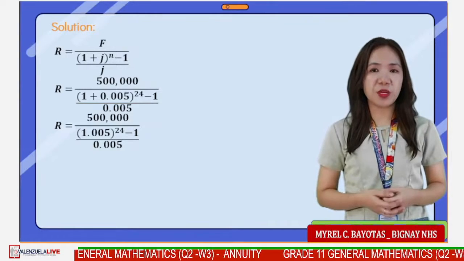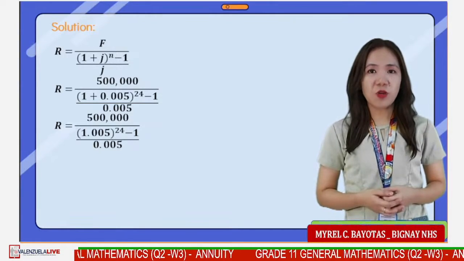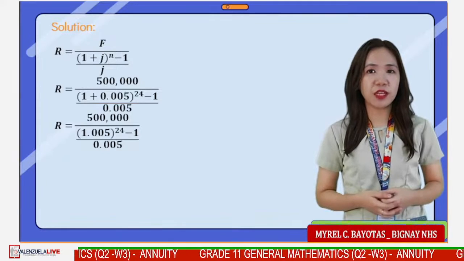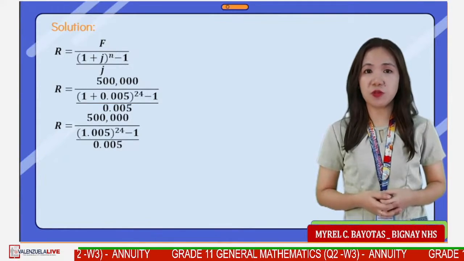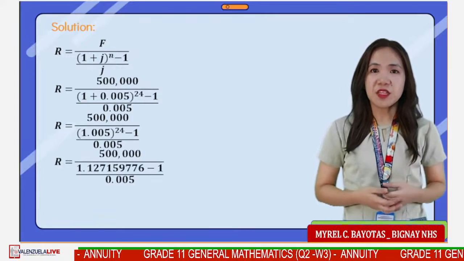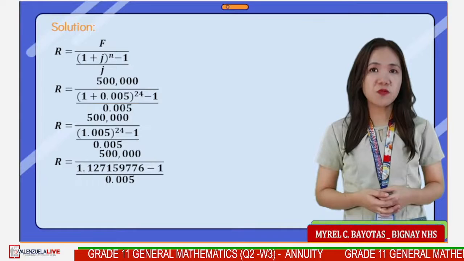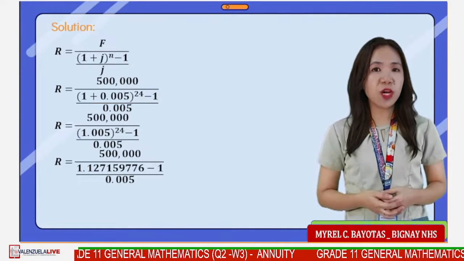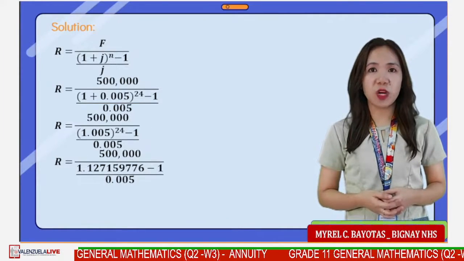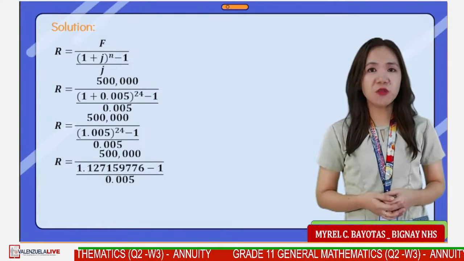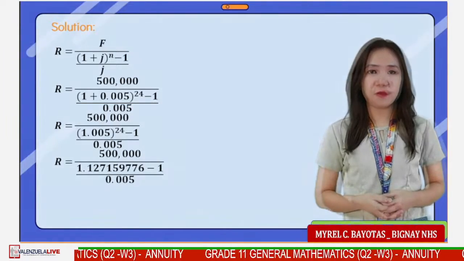R equals 500,000 over the quantity of 1.005 raised to 24 minus 1 all over 0.005. Then, simplify the term with exponent. R equals 500,000 over 1.127159776 minus 1 all over 0.005.